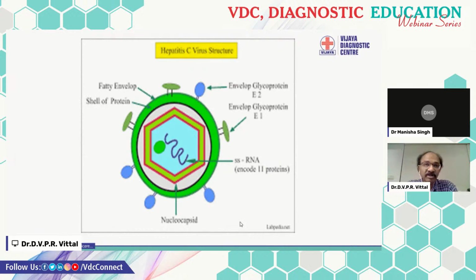Now, the prevention of hepatitis B is by a vaccination which is available. The vaccine is given in 3 doses. The first one is at 0 dose. The other one is after 1 month, and the third one is a booster dose after 6 months, which gives anti-HBs antibodies and adequate protection to the patient.